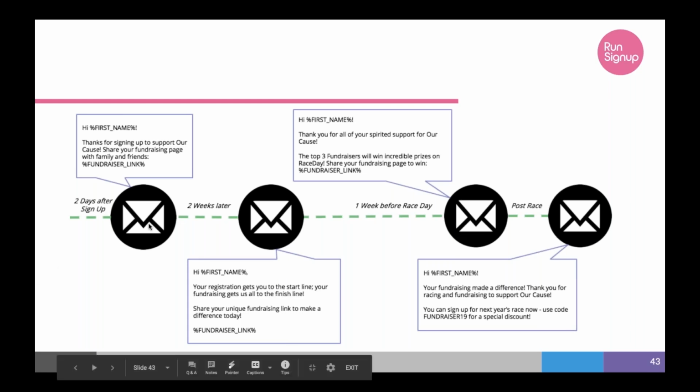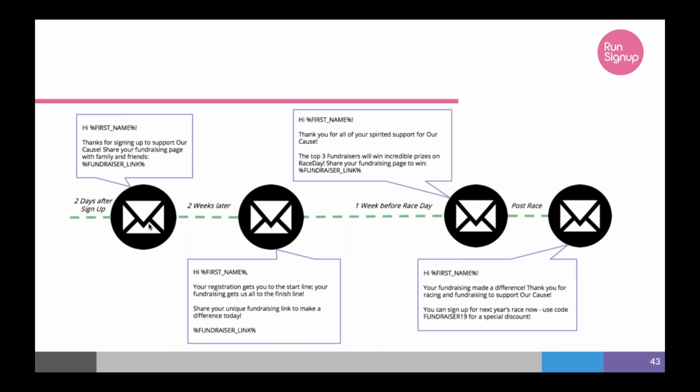So you can set an email to send 2 days after somebody signs up and becomes a fundraiser. And you'll see here on the call out that I have this little email placeholder. By including this, it's going to pull in that individual's unique fundraising page URL. That makes it really easy for them to continue to share that page.